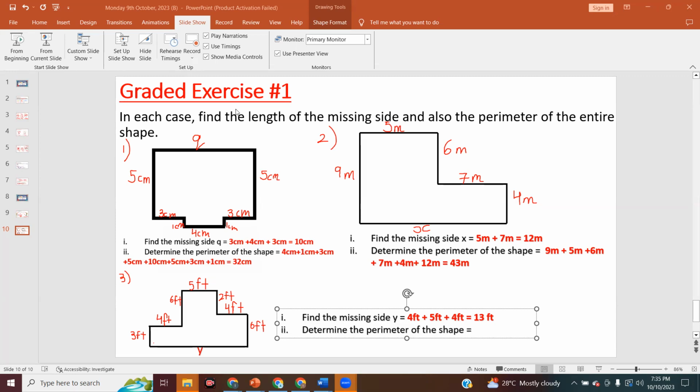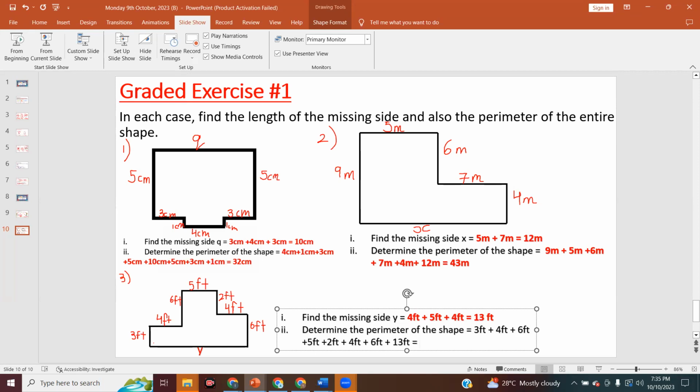Okay, so let's add it all together. We're going to start with 3 feet, plus 4 feet plus 6 feet plus 5 feet plus 2 feet plus 4 feet plus 6 feet plus the missing side, which is 13 feet.